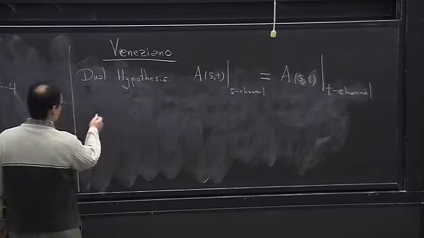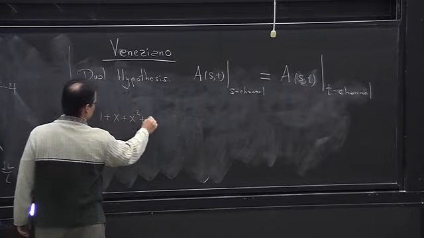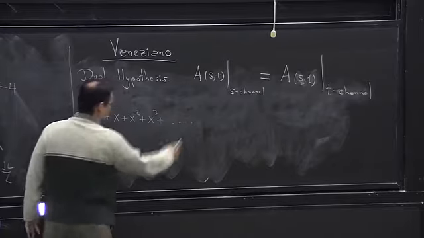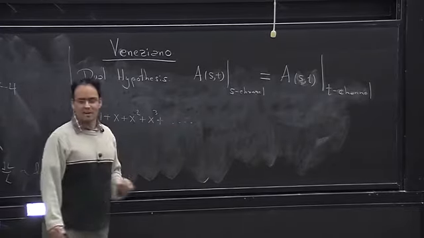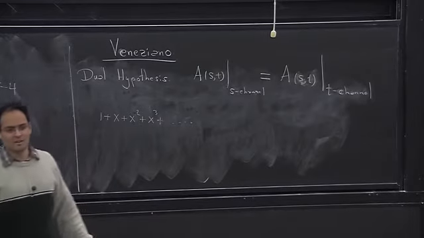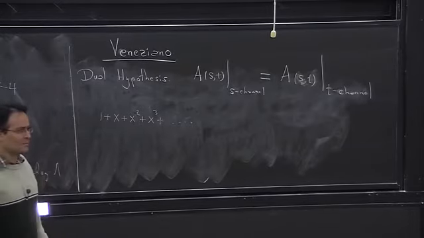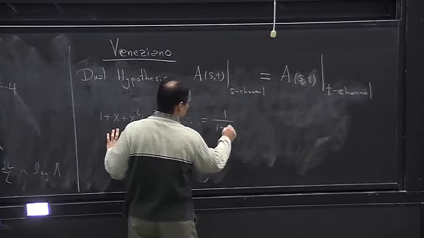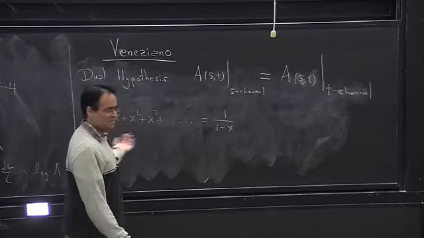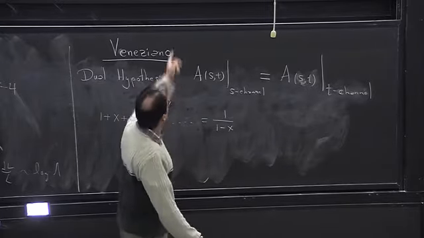Well, imagine you have this series. Is it silly to think that this guy can have a pole in X? It's not silly. It actually has a pole in X, because this thing is 1 over 1 minus X. So indeed, this infinite series can develop poles in the variable that we have there.